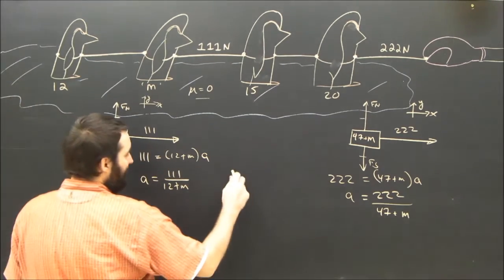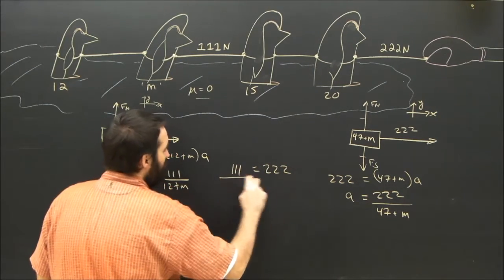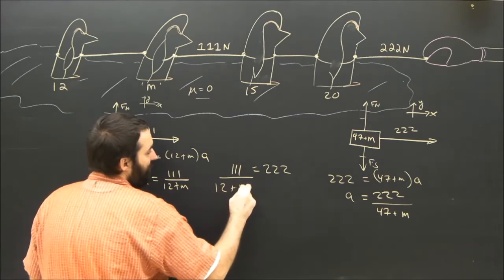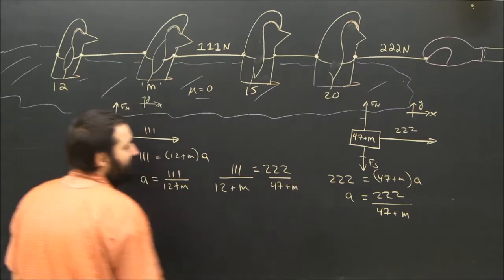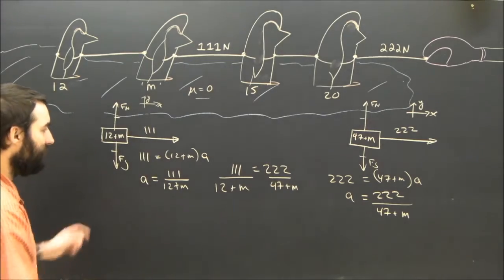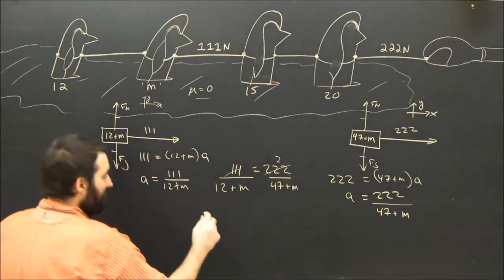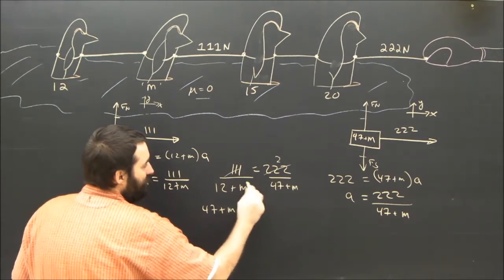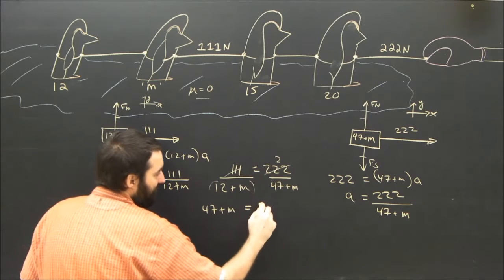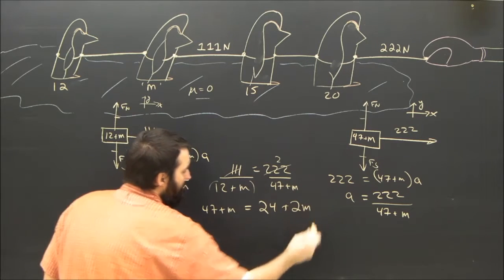So putting these guys together, I can see that 111 over 12 plus m equals 222 over 47 plus m. Cross multiply, this guy goes away, leaving with a 2. Cross multiply, we get 47 plus m equals 2 times 12 plus m. I'm going to do that in one step. 24 plus 2m.